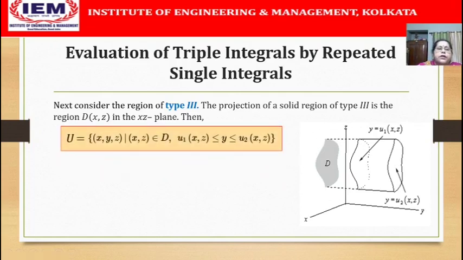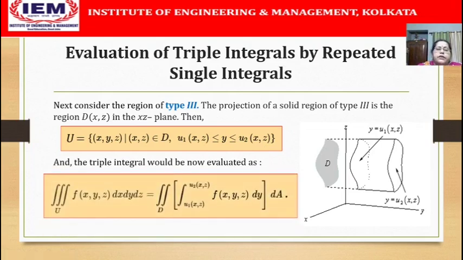So the region U may be now represented by the set of points (x,y,z), where (x,z) belongs to D and y lies between u1(x,z) and u2(x,z). The formula for the triple integral is now as follows. So we will first integrate the function with respect to y from u1(x,z) to u2(x,z), and then we would evaluate the double integral on the xz plane.